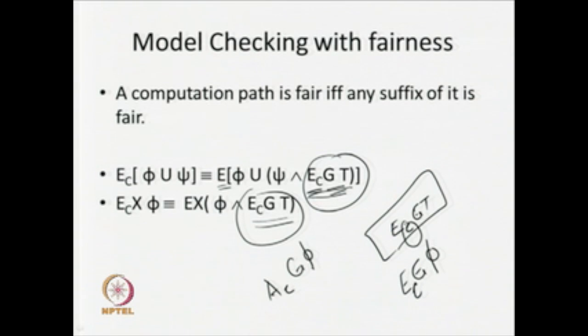That means, once we have a procedure for EC G phi, then we can talk about EC G T, or with AC G phi we can talk about AC G T. So, we need a procedure for this one, then even after that what will happen? E until and E X can be expressed with the help of EC G T. So, basically we need a procedure for either AC G phi or EC G phi. If we have the procedure, then we can have the model checking procedure with fairness constraint.